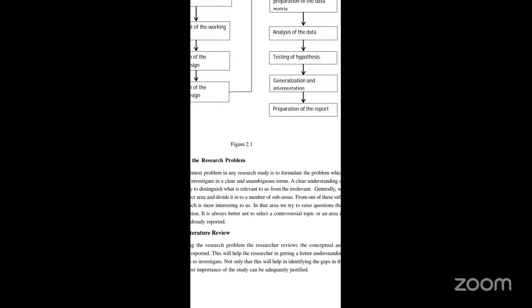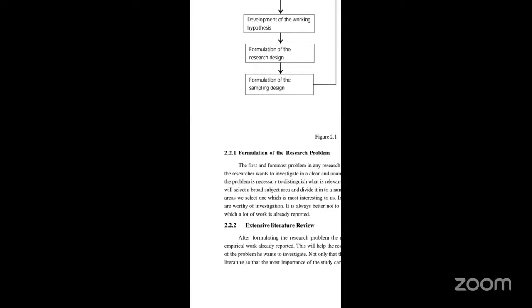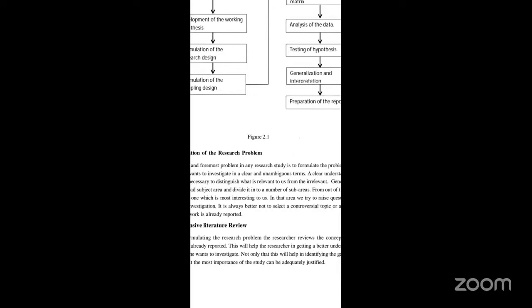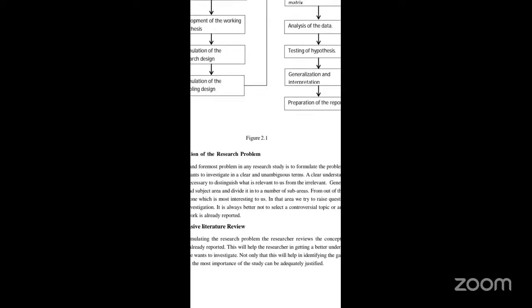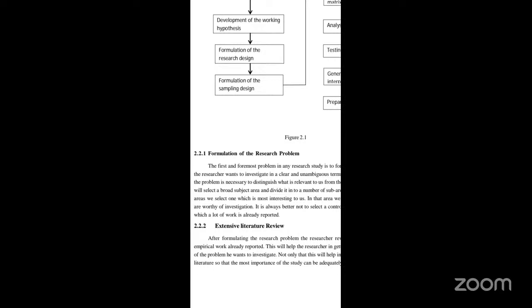Okay, got it? Generally we select a broad subject area and divide it into a number of sub areas, and from these we choose the main investigation.